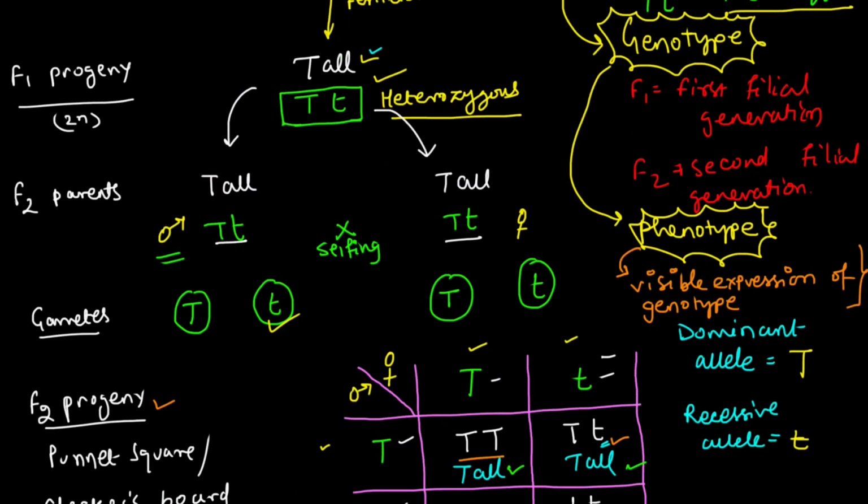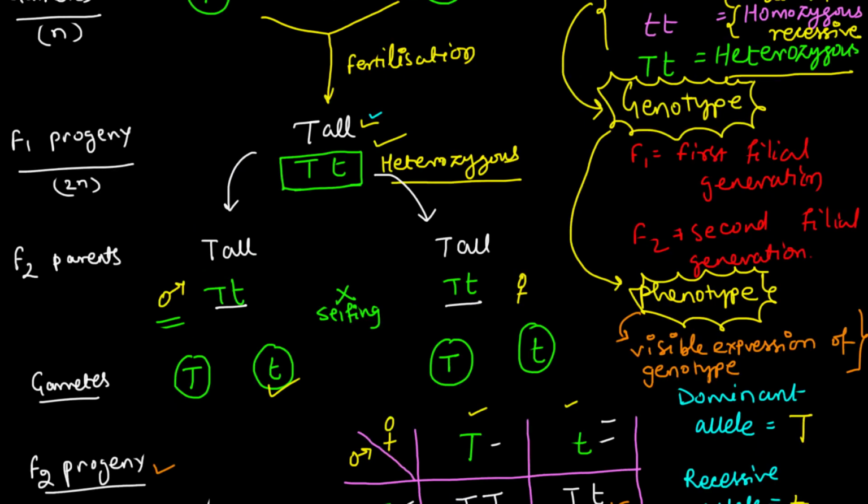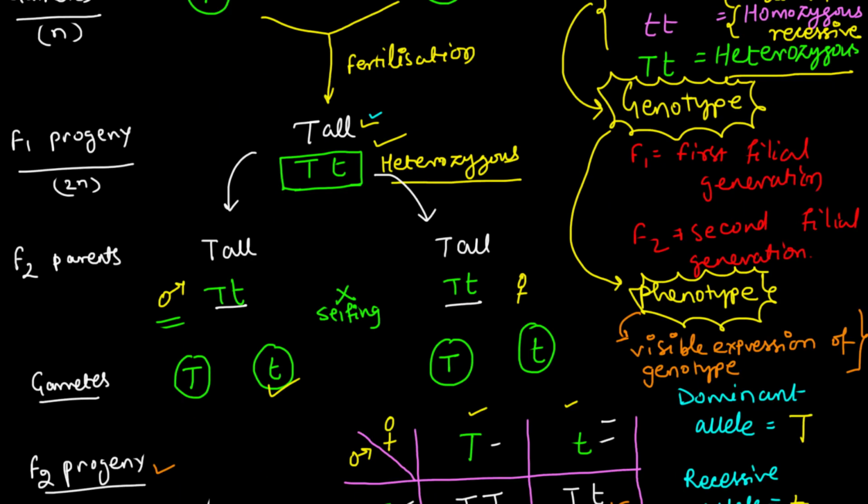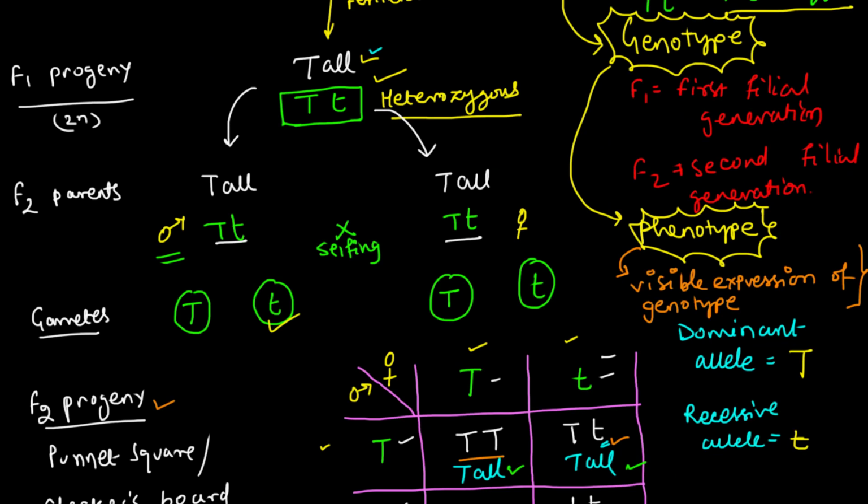The example that we had taken was stem height, with two different alleles, capital T and small t. The capital T allele was able to control the tall trait, and the recessive allele, small t, was able to regulate the dwarf trait. Each allele regulates one trait, and typically there is a dominant allele and a recessive allele.